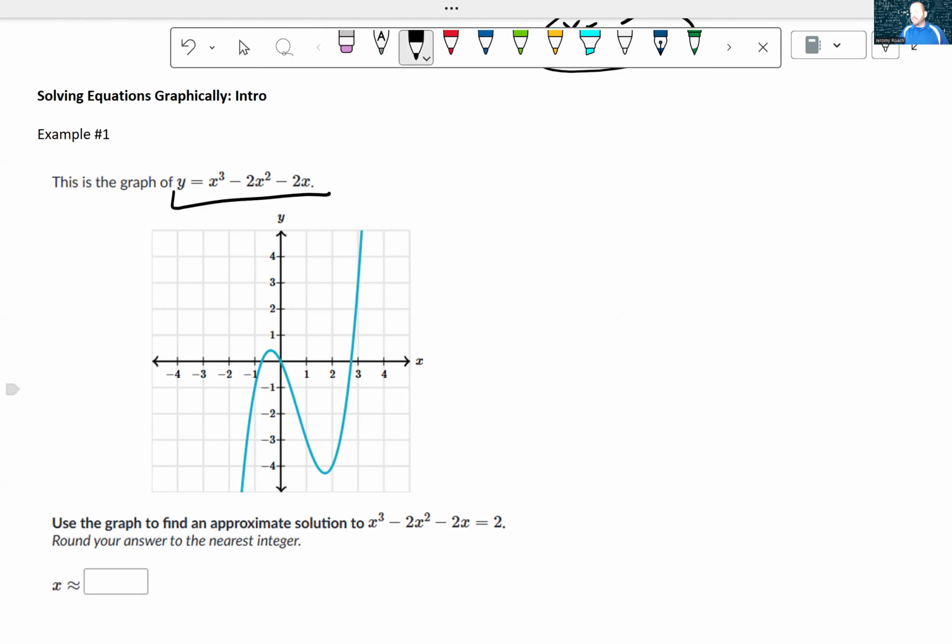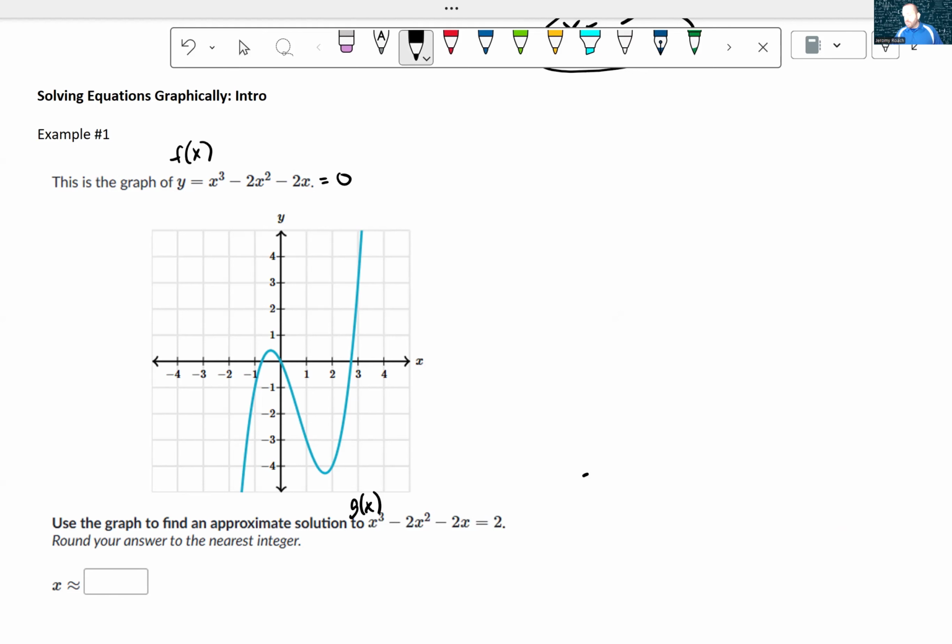This isn't technically a parent function, but this is our starting function. We could maybe call that f of x. And this is our new function, which we can maybe just call g of x. So the only difference here is that f of x is equal to 0, and this one is equal to 2.